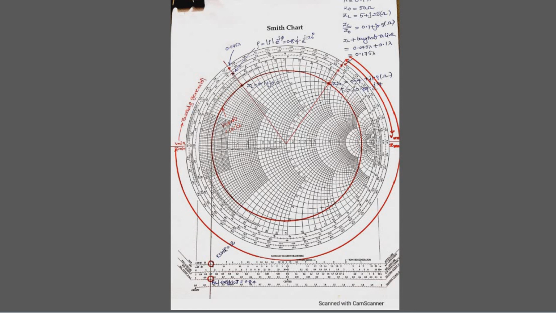When you are moving towards the generator, you are interested in Z in. The length of the transmission line will be added to the existing point. You reach that Z in reflection coefficient and Z in wavelength. Z in wavelength extended onto the VSWR circle will give you Z in. If you extend these lines you will get admittance.